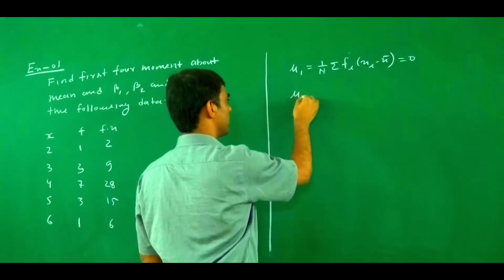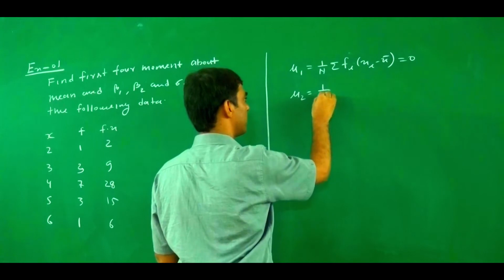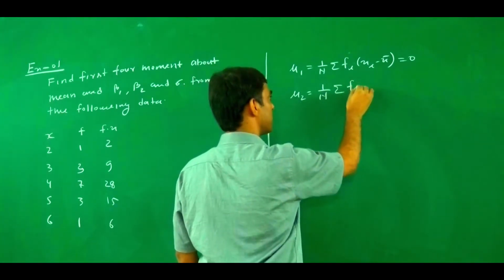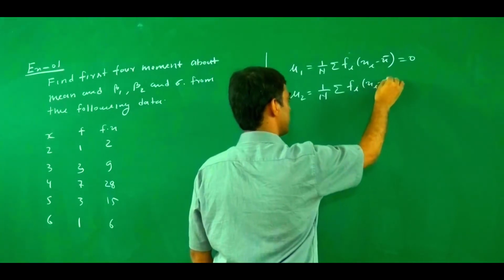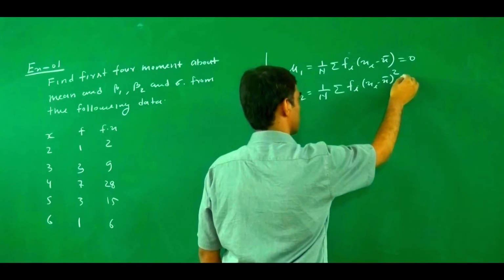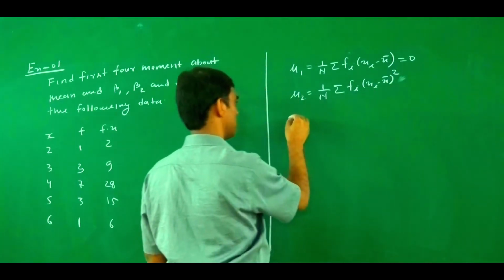And mu 2 equal to 1 upon n summation of fi xi minus x bar to the power 2.